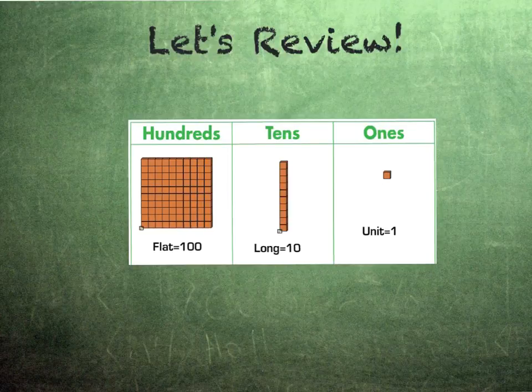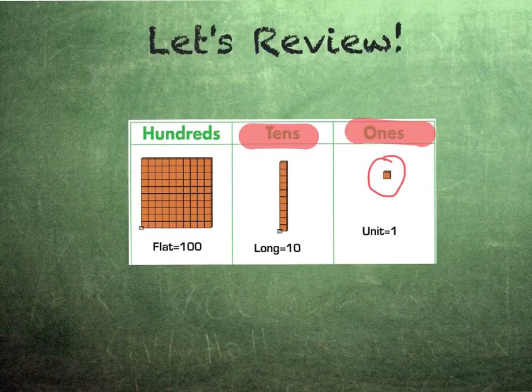So starting with the ones, we know that a unit block equals 1. So 1, 2, 3, 4, 5, and so on. Next, we have our longs. So let's count together our tens place and how many unit blocks are in our tens place.